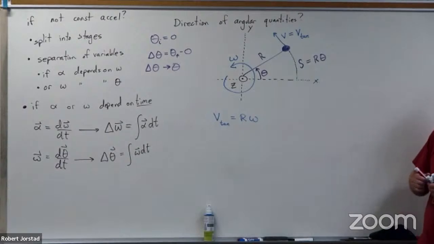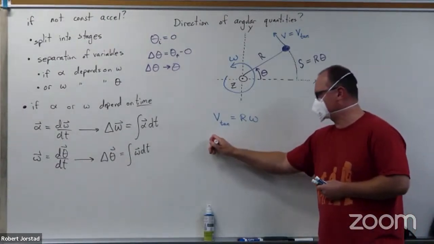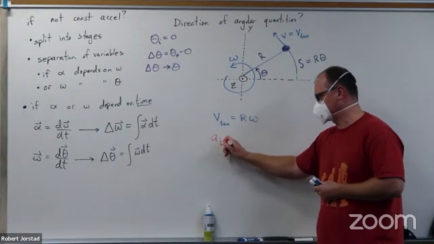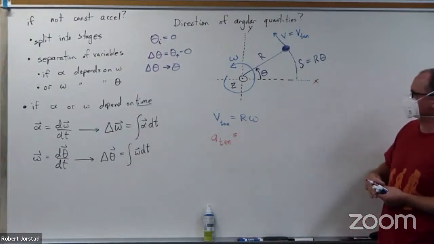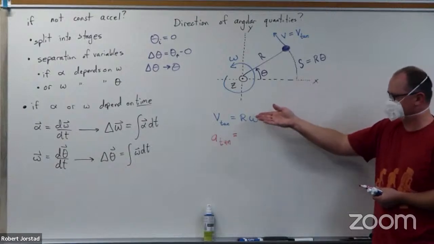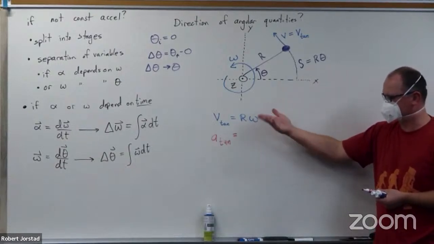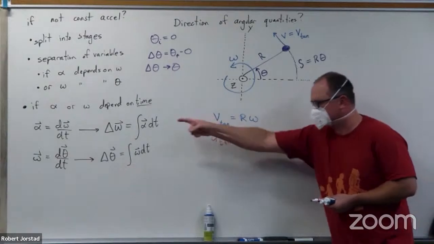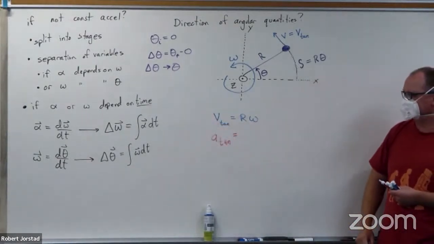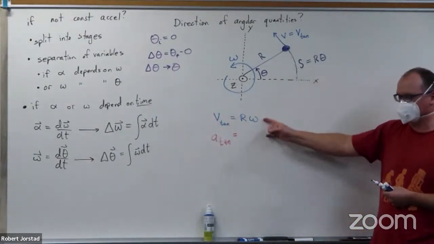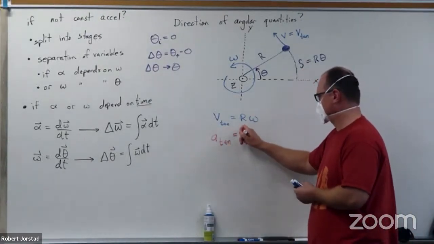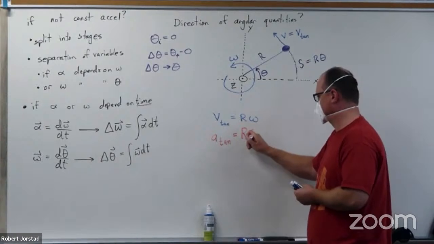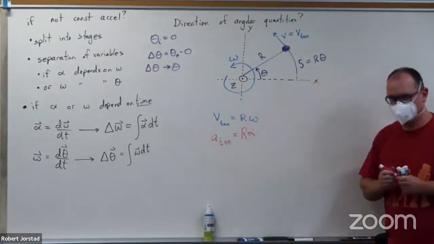How do you think you get the tangential acceleration? Follow the pattern. Take a derivative, omega changes to alpha. Okay.